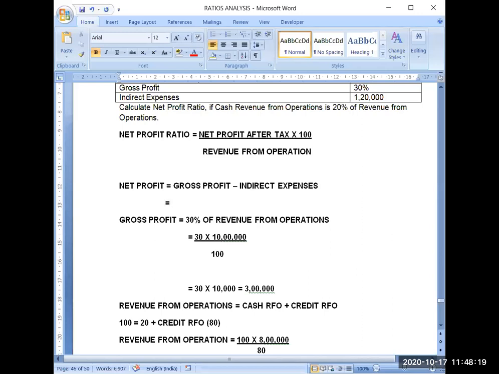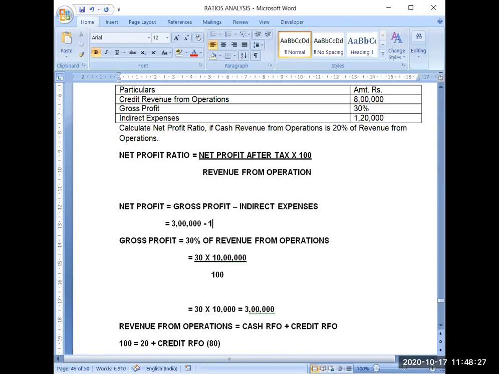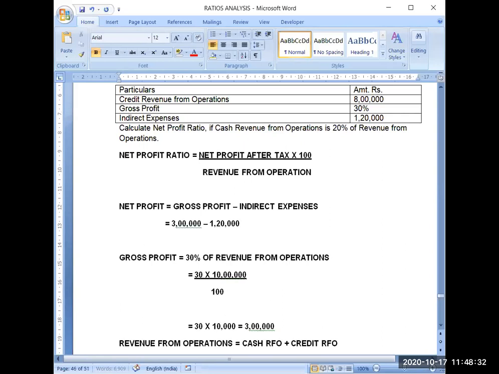Gross profit is 3 lakh minus indirect expenses. Indirect expenses are given 1,20,000. So my net profit will be equal to 1,80,000. Now I got my net profit also.